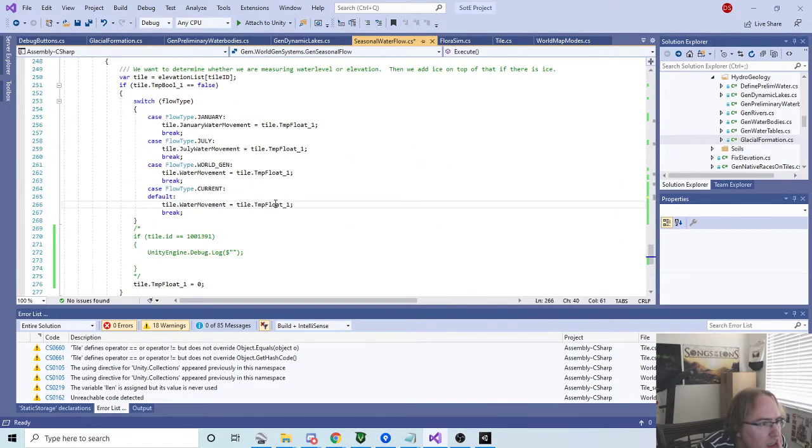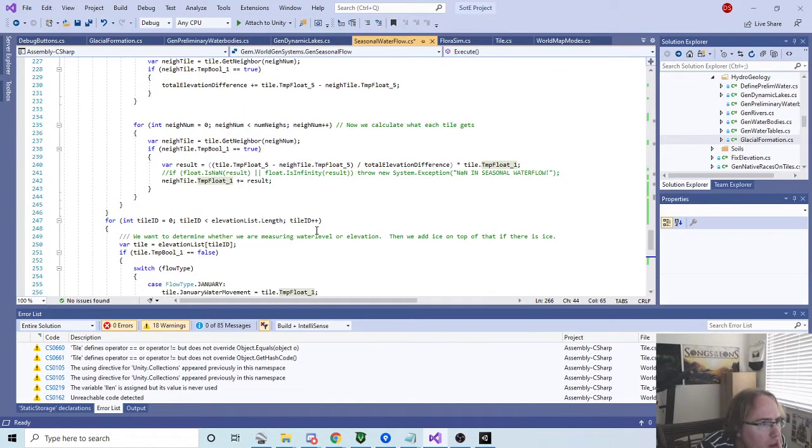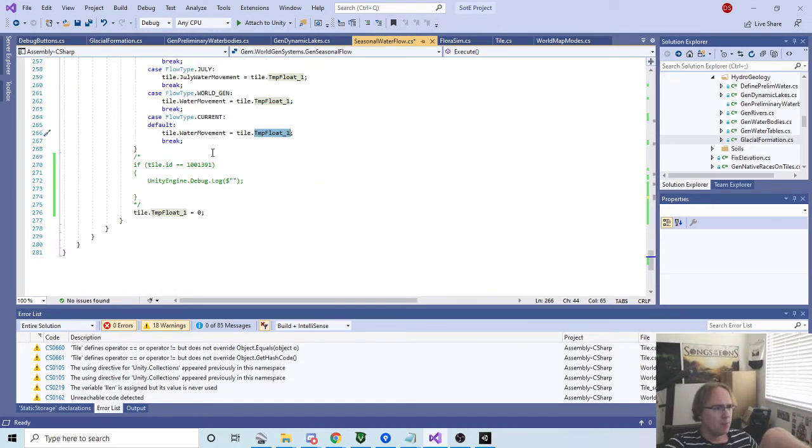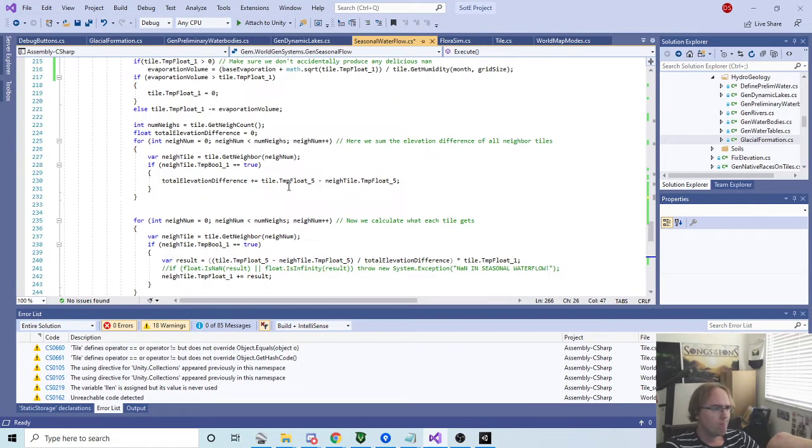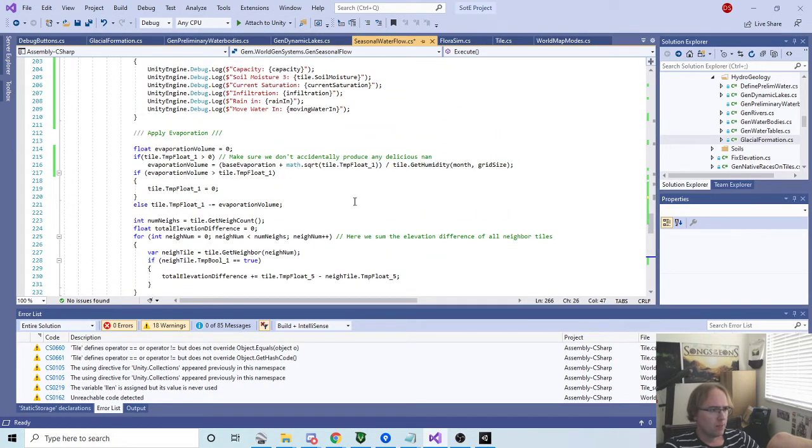Registered down here on the map mode, and it's not modified at any point after that. So I don't know why we're getting what we're getting.